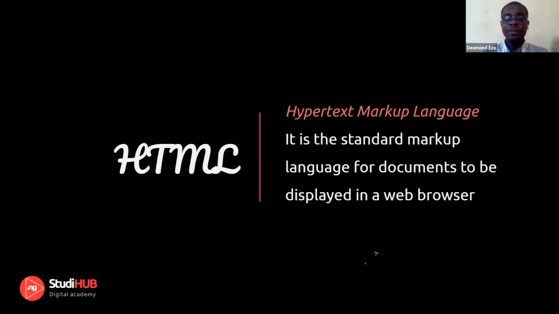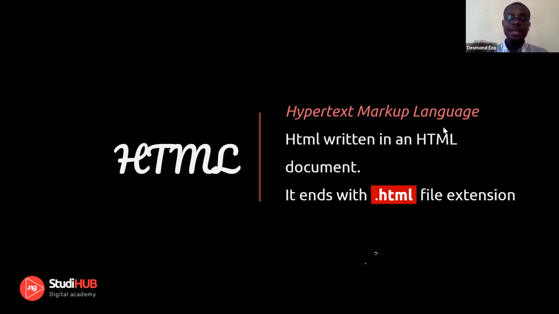But this time around, this markup language is only for the web browser. So HTML is the standard markup language used to structure documents that will be displayed on a web browser. Now, HTML is written in an HTML document, and just like any other document, it has a file extension of .html.